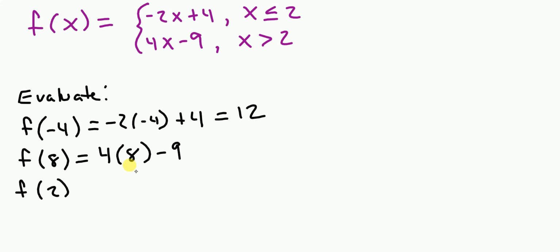Okay, 4 times 8 is 32, minus 9 is 23. Alright, 2 is equal to 2, so negative 2 times 2 plus 4. Negative 2 times 2 is negative 4, plus 4 is 0.